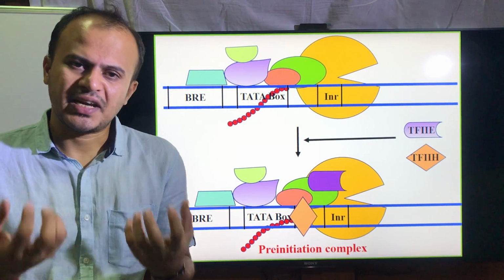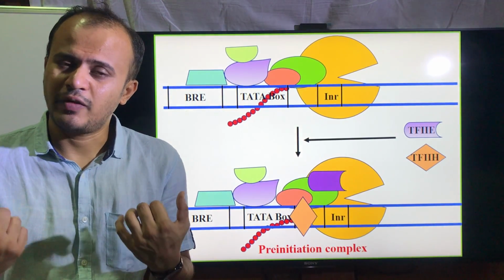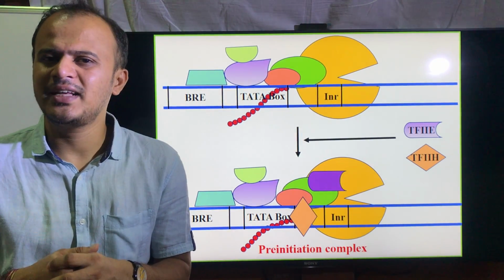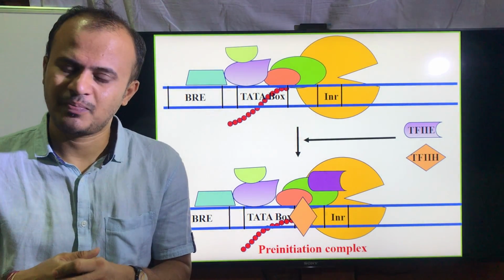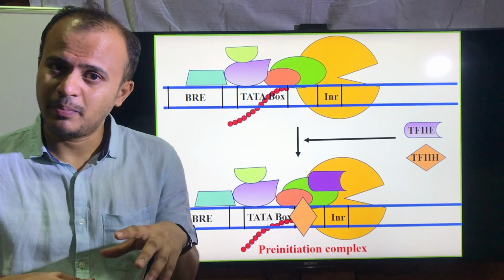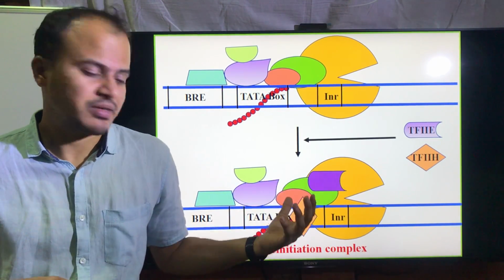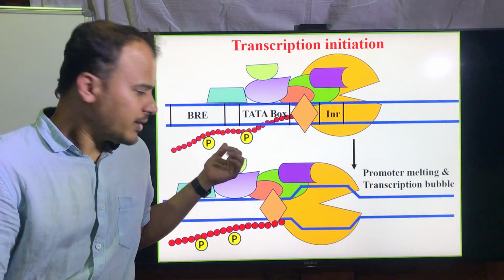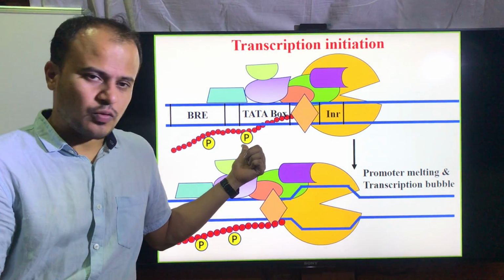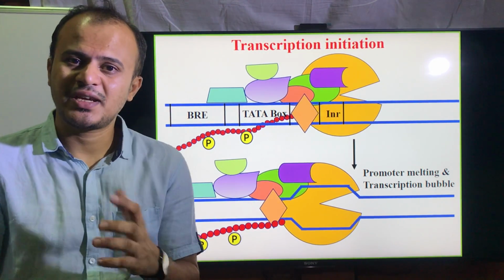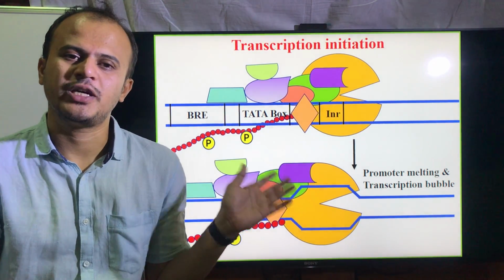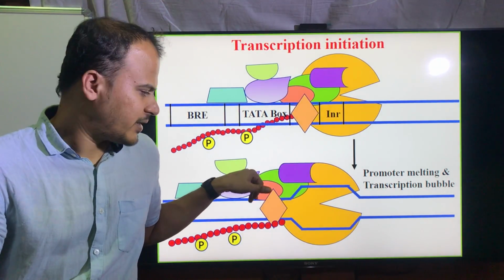Now, when the second and fifth serine residues get phosphorylated, they behave as a binding site for several proteins. This is very important to understand transcription termination. As I said, the tail is phosphorylated. The phosphorylation is taken care of by TFIIH.